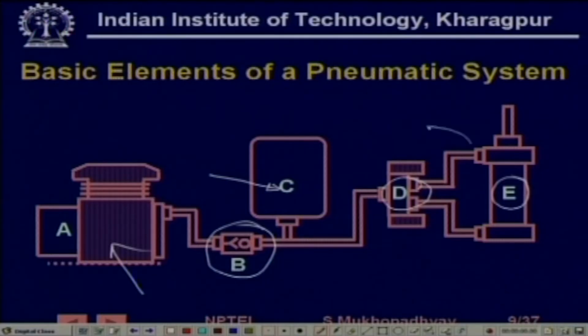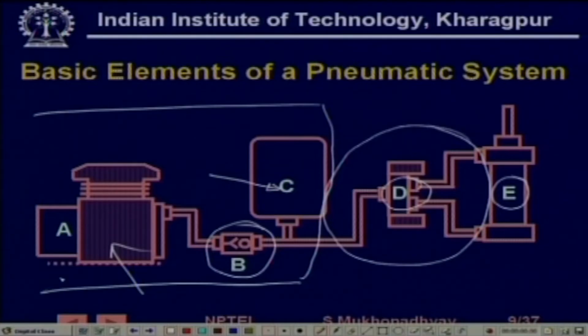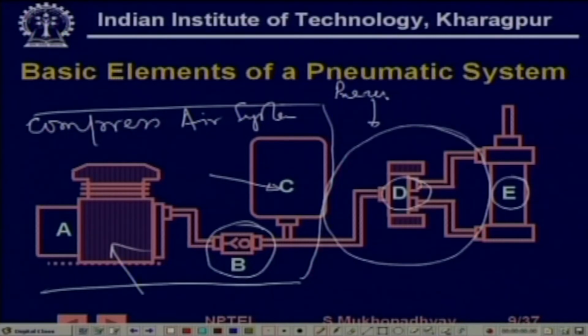So, you have your actual control system elements here. Up to this is generally the compressed air system. This is the pneumatic control system, the pneumatic control elements, and then finally the actuator.